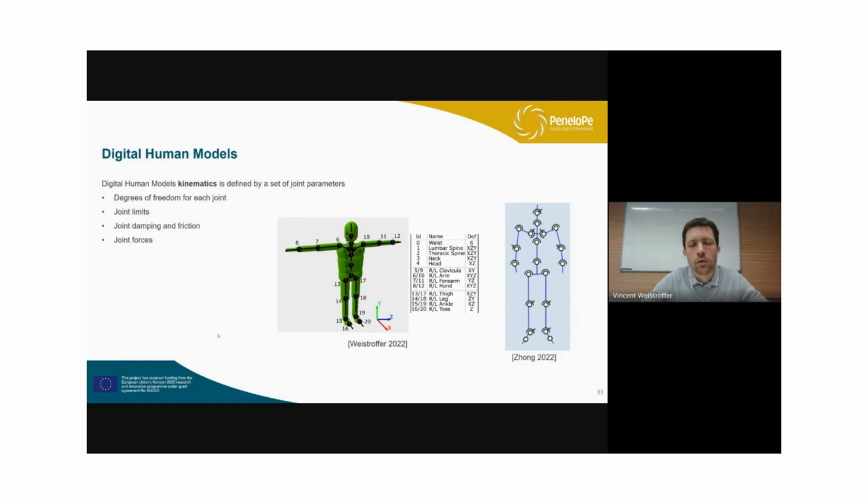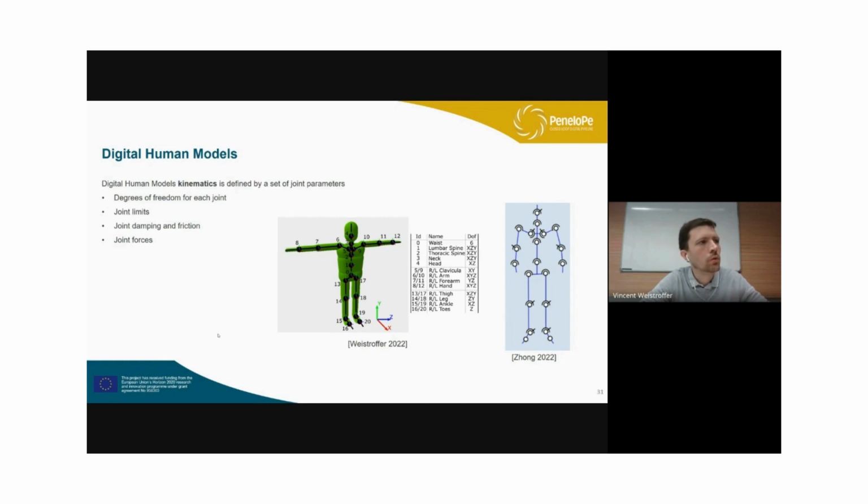You can also define the joint limits, meaning that your elbow cannot move below 0 degrees, and it cannot really move above 180 degrees. You can also add some joint damping and friction, and these joint parameters can also be controlled, and so you can add some joint forces to control this mannequin.